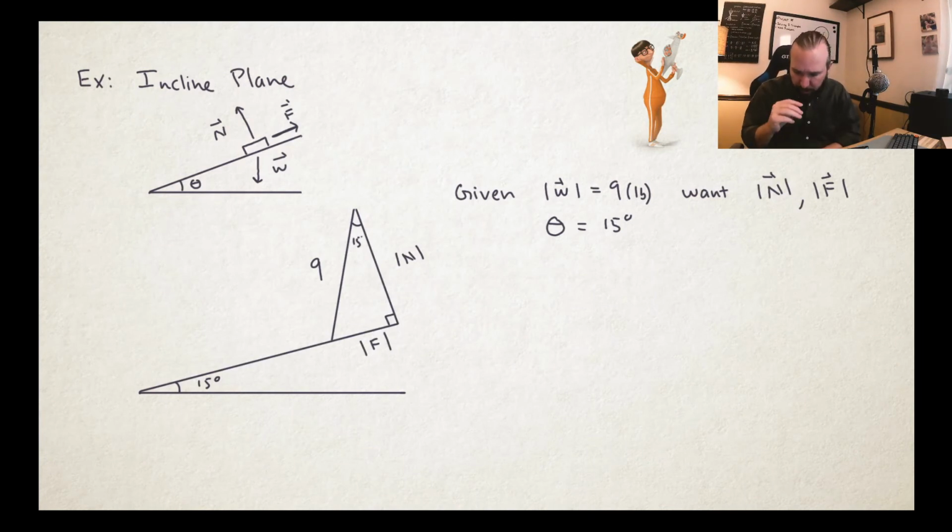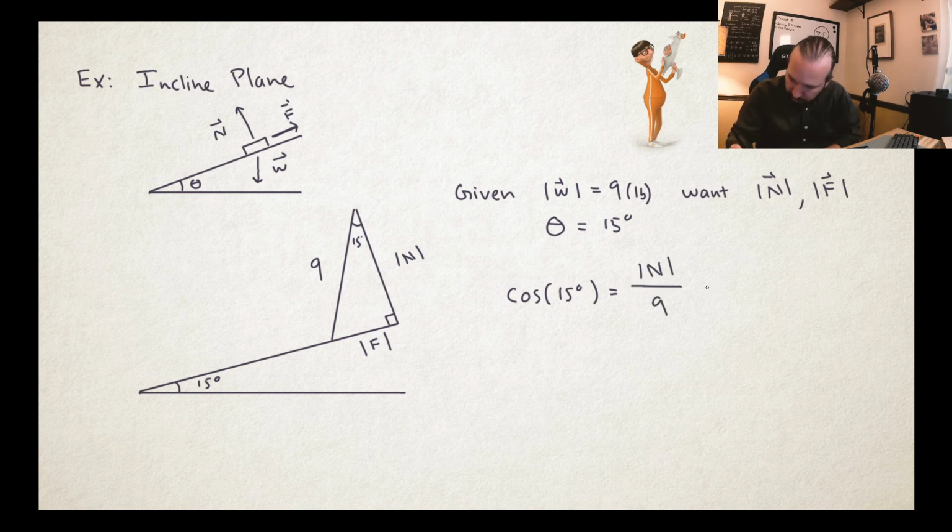Okay, so here's a little bit cleaned up picture. 15 degrees up there in that corner, and then I've got a 9 on the hypotenuse, and I'm looking for magnitude N and magnitude F. As I look at this, from my 15 degree angle, that looks like an adjacent and a hypotenuse. So the cosine of 15 degrees must be equal to the adjacent over the hypotenuse.